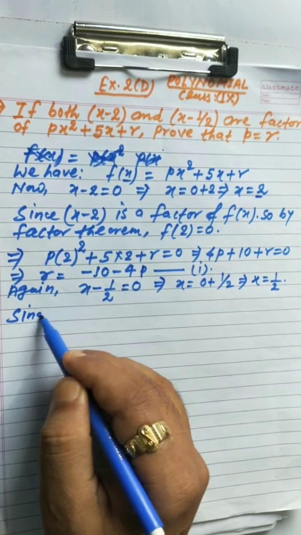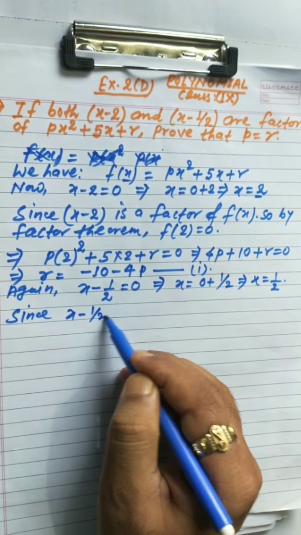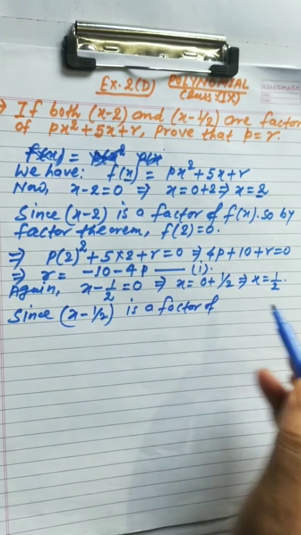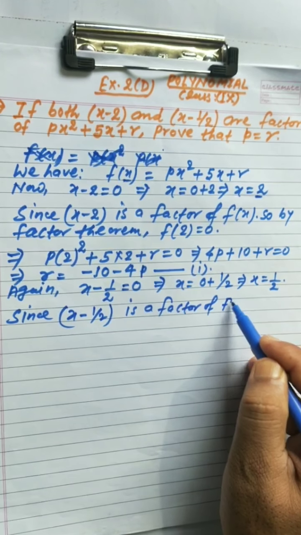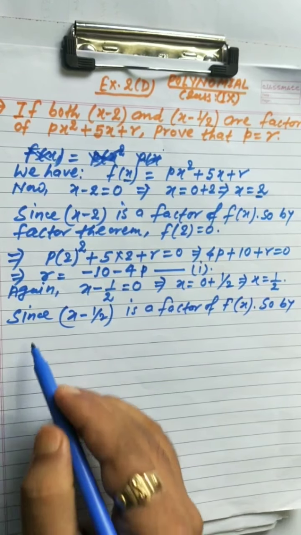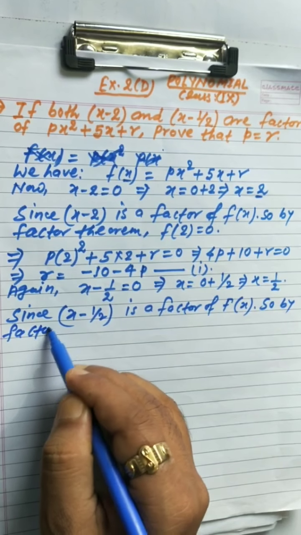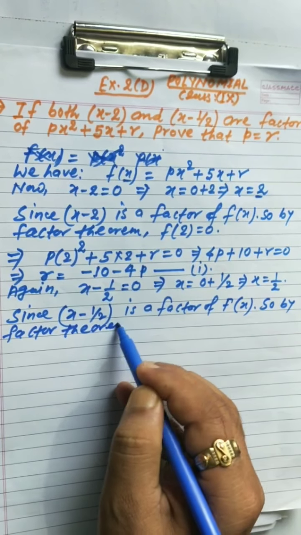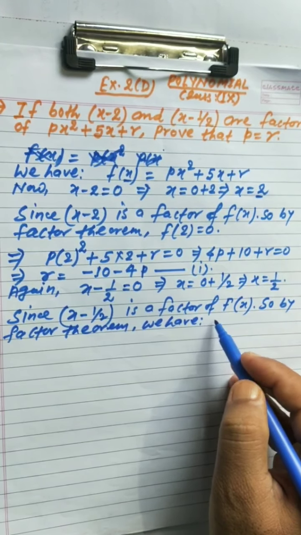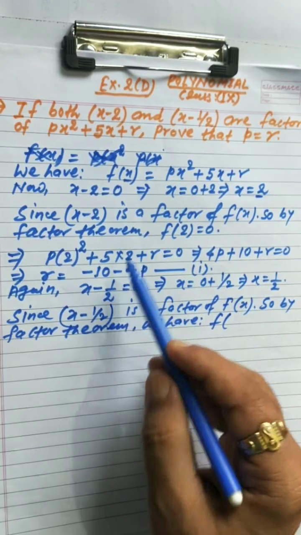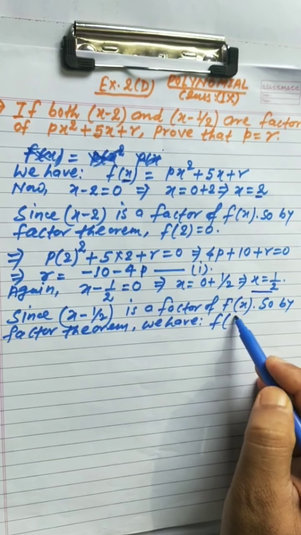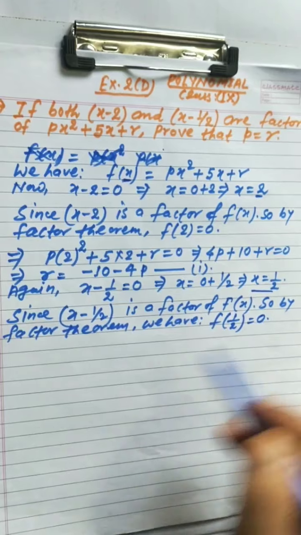Now again right here, since x minus 1 by 2 is a factor of f of x, so by factor theorem we have f of, replace this x by the value of x, which is 1 by 2, will be equal to 0.